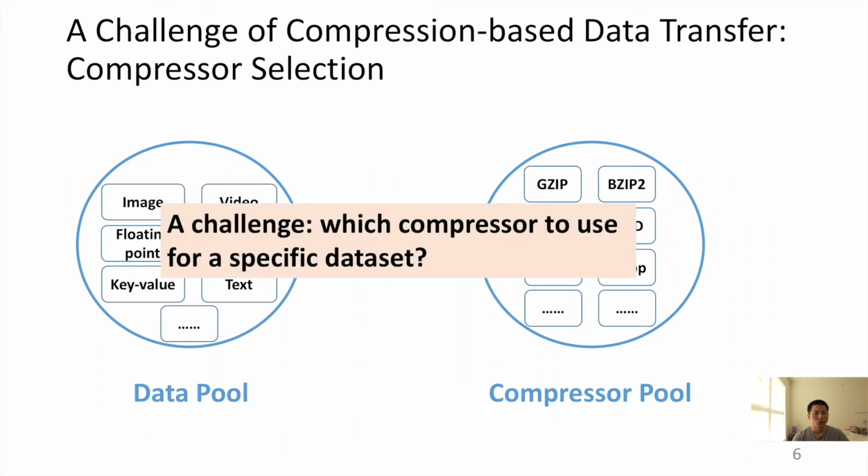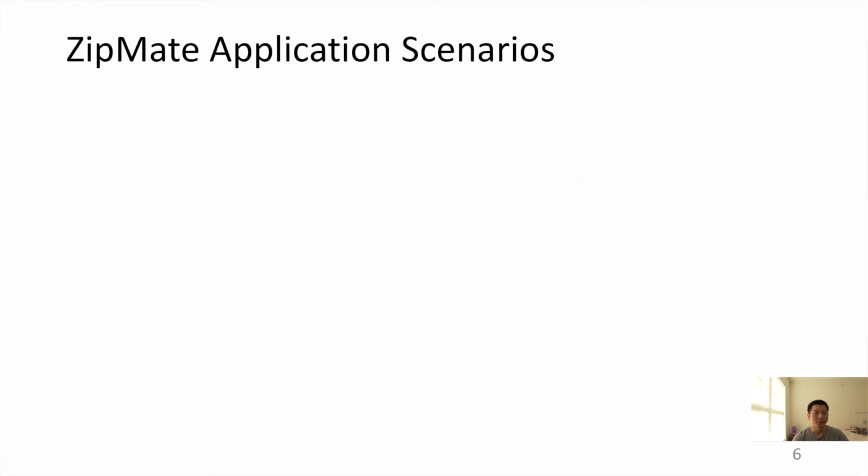Therefore, for a specific data, the challenge is which compressor to use for it. To solve this issue, we propose ZipMate, which implements a prediction model to adaptively select the best compressor for a specific dataset at system runtime.